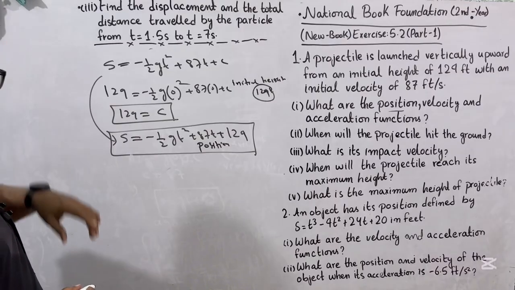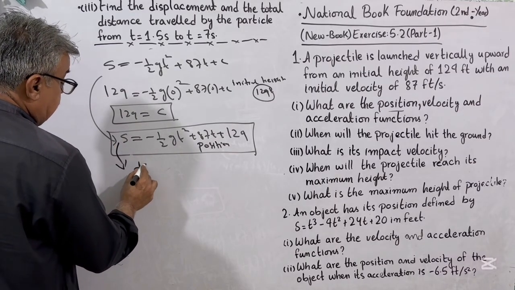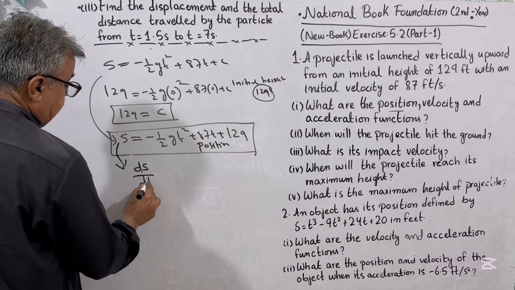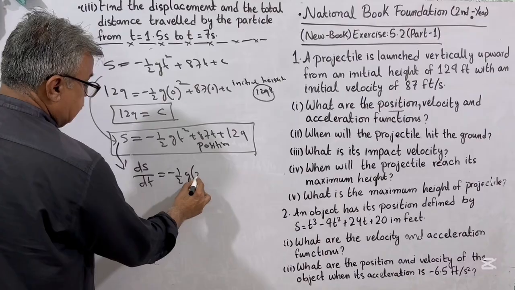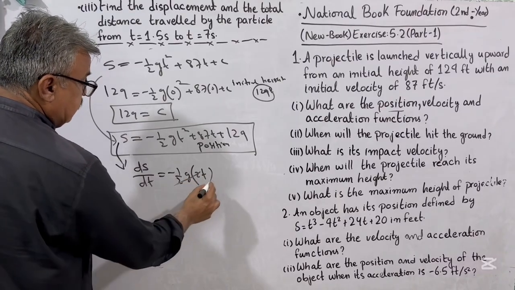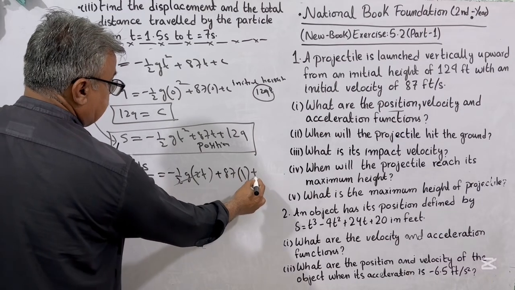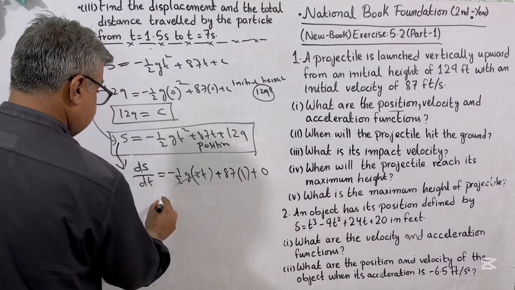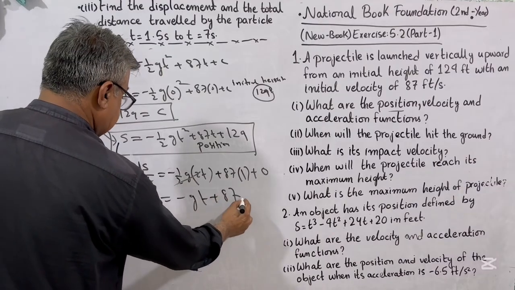Okay. What about velocity? Now differentiate this. Differentiation of displacement with respect to time gives us velocity. That is minus 1 over 2 g times 2t, the 2 cancels out, plus 87. Differentiation of t is 1, and of 129 it's 0. We have minus gt plus 87.